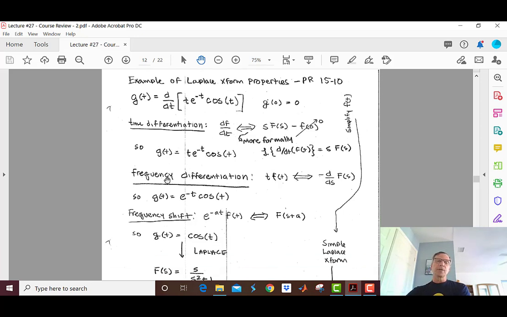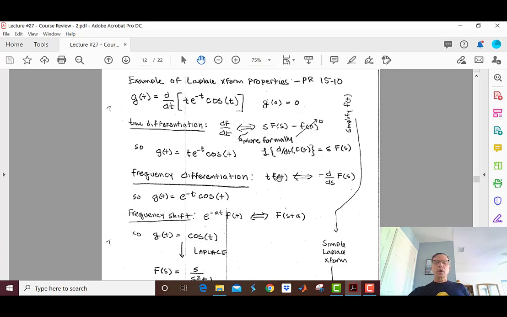And so what I'm going to do is use now the frequency differentiation property, which says that if I can take what I have here, I've got to get the Laplace transform of this. If I recognize this as a function of time multiplied by t, then I can say that the Laplace transform is just the Laplace transform of the thing that's multiplied by t, and then just take the derivative of it with respect to s, and that will handle that t.